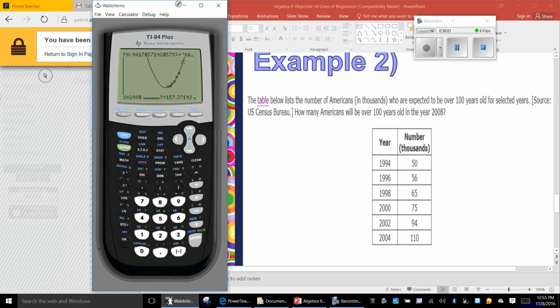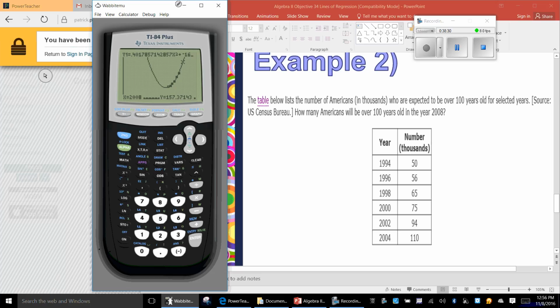Does that make sense? It depends on what you're talking about. If you're talking about money, then you might round it to the nearest hundredth or the nearest tenth. Most of the time you would just round it off because it's a real world situation. Most of the time in the real world we don't do fractions of people. We just round to the nearest person.